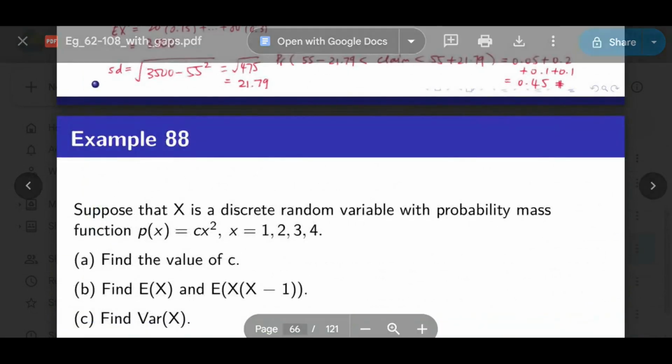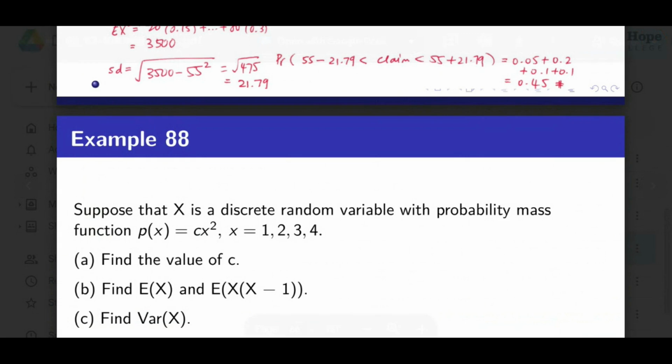Suppose that X is a discrete random variable, because that's the only one we've been talking about all this while. Find the value of C. Can I have you do that? If I say X is a discrete random variable that can only take 4 values, is it easy to identify C? Can you do it quickly?